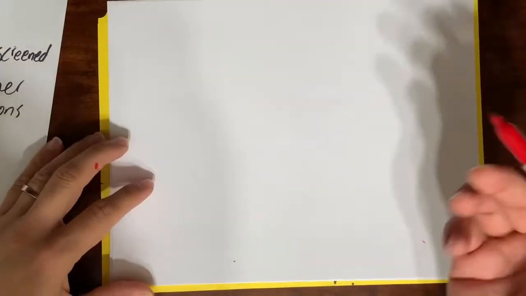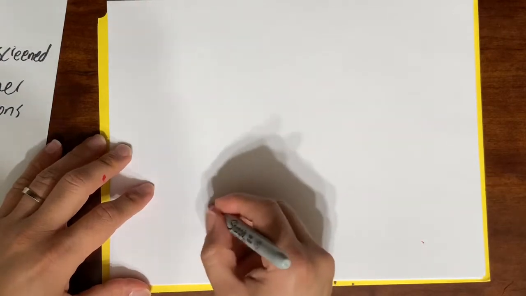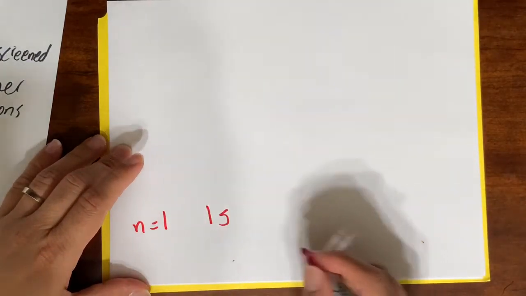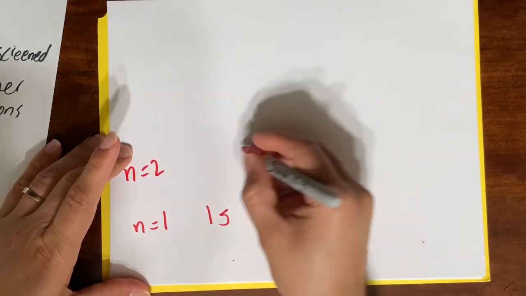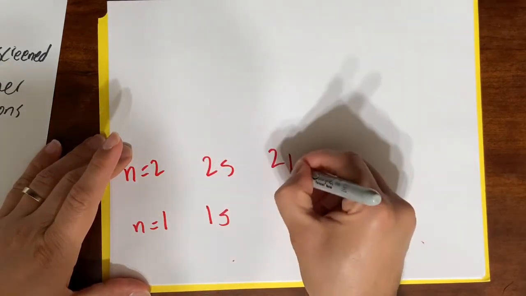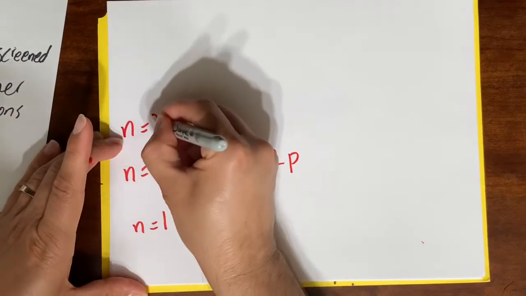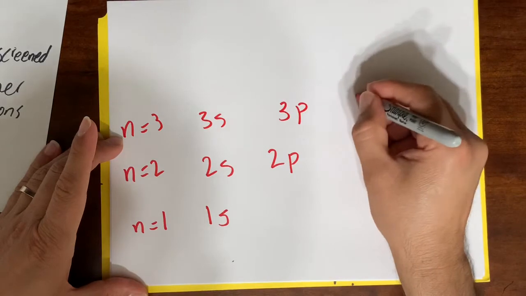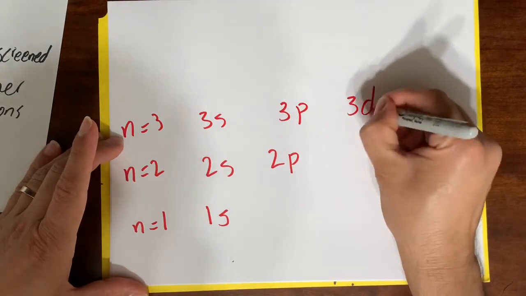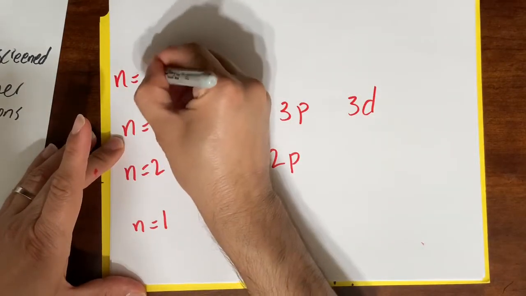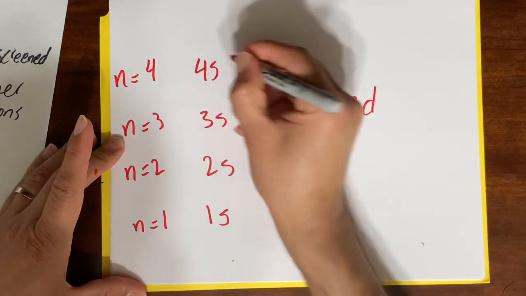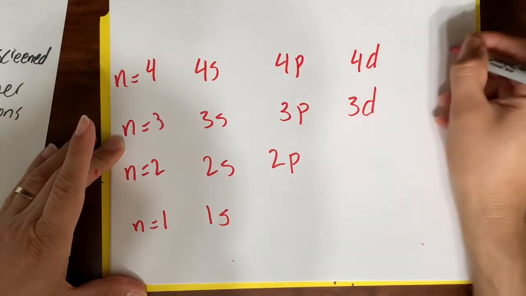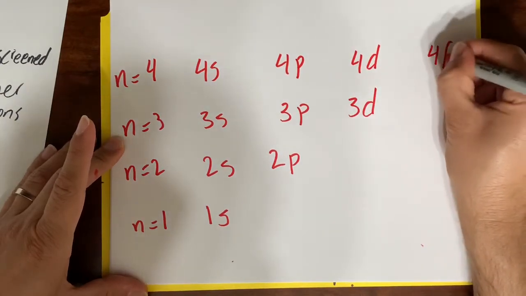And the way I'm going to show it, I'm going to say n equal 1, I have 1s orbital. n equal 2, I have 2s and 2p. n equal 3, I have 3s, 3p, and now a new orbital, it will be 3d. n equal 4, I go 4s, 4p, 4d, and now a new orbital, it will be 4f.